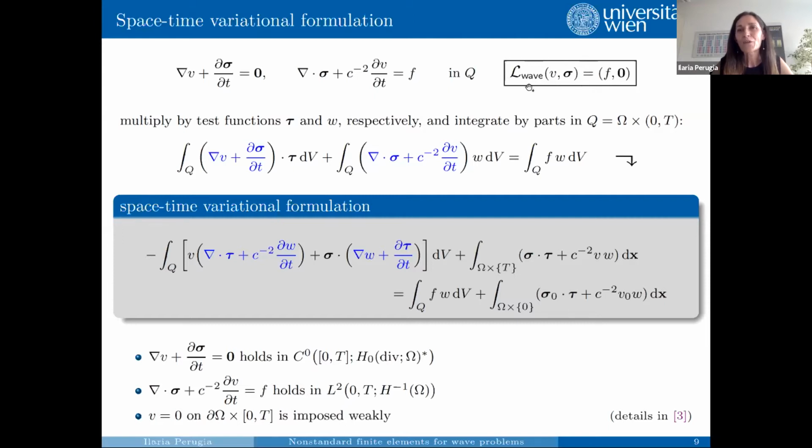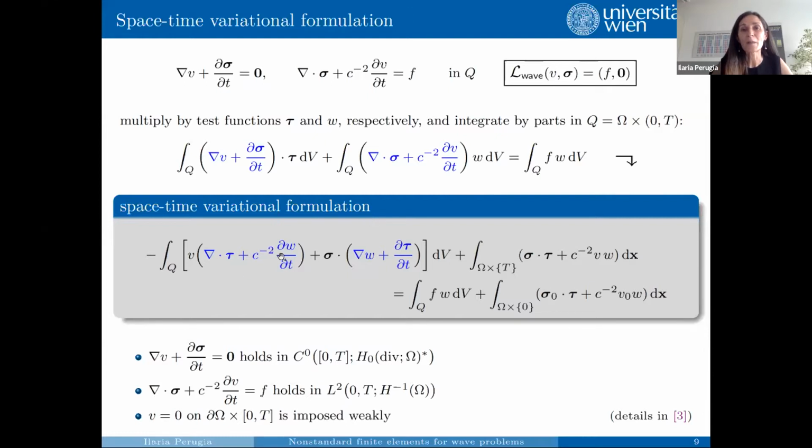This wave operator takes two functions and gives me back, again, a scalar valued function and a vector valued function, and it is a first order operator. I derive the space-time variational formulation by taking the two equations, multiplying by test functions, and this is what I obtain, and then I integrate by parts.